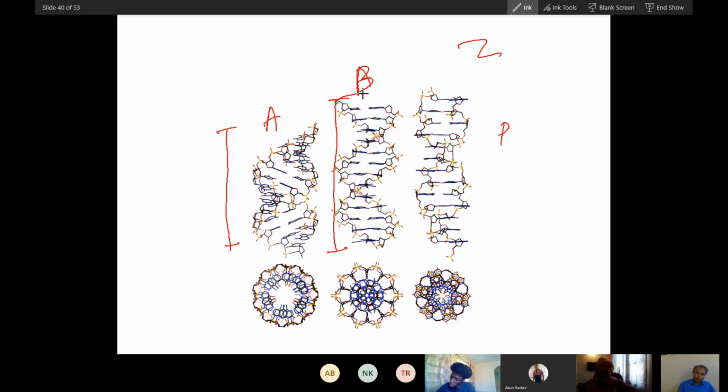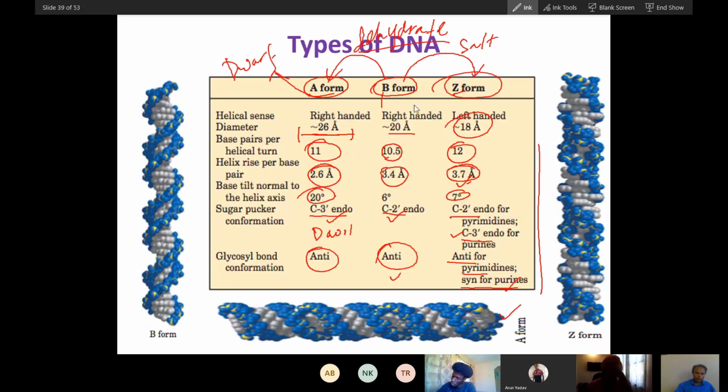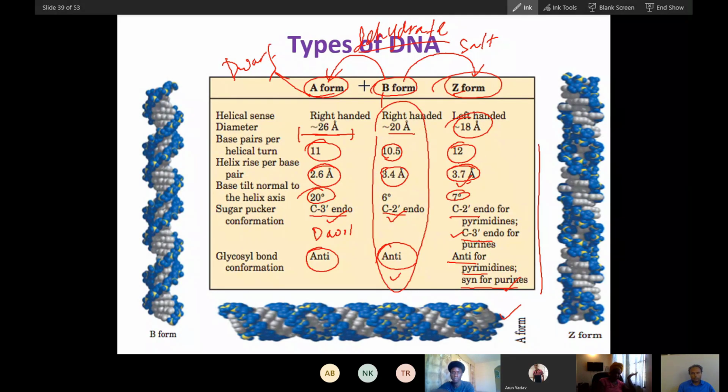We are actually concerned about the B form. If you understand B form, you can compare it with A form and Z form. A form is attained by dehydration, and Z form is attained by addition of salt.